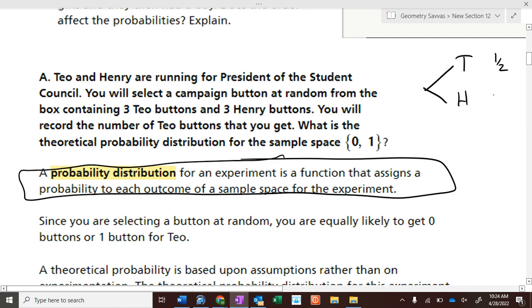If you pull out a Henry, that's half the buttons in there. So, what you do is you write, well, what's the probability of getting 0 Teos? 50%. What's the probability of getting 1 Teo? 50%. Okay, that's pretty simple.